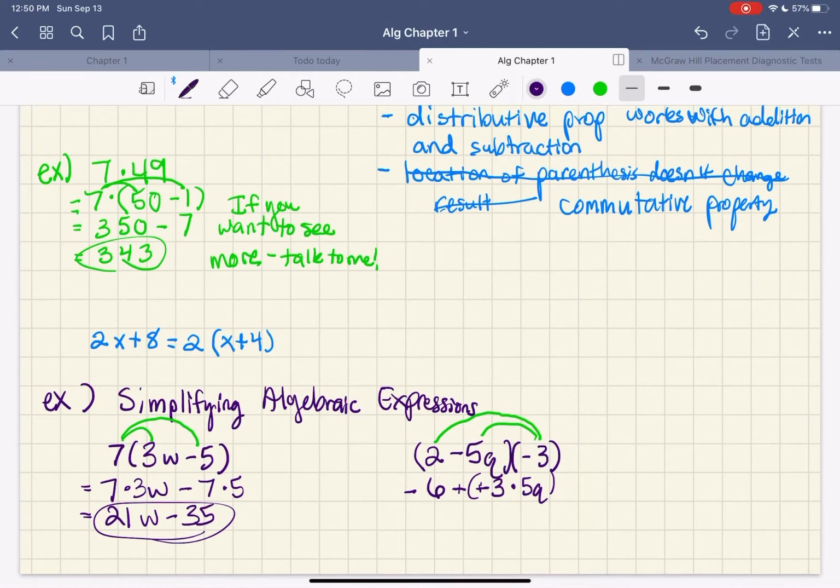The other way that you can think about this is, well, that's a minus 5, so it's like a negative 5, and it's a negative 3. So a negative times a negative gives me a positive. So our final answer would be negative 6 plus 15q.